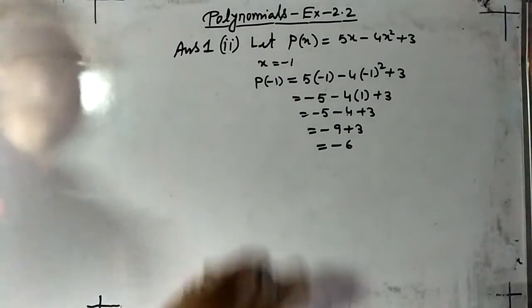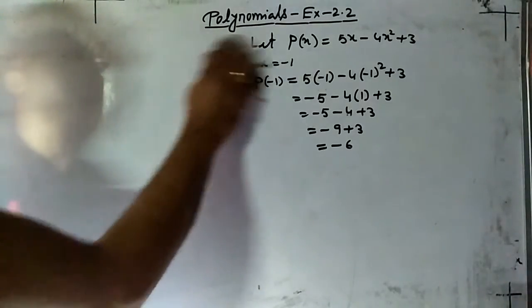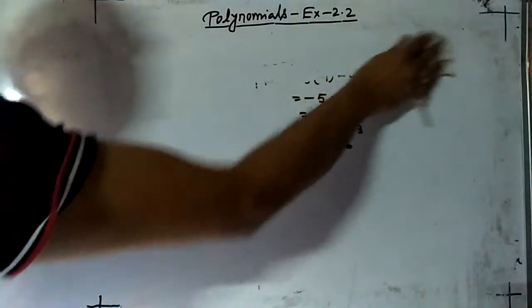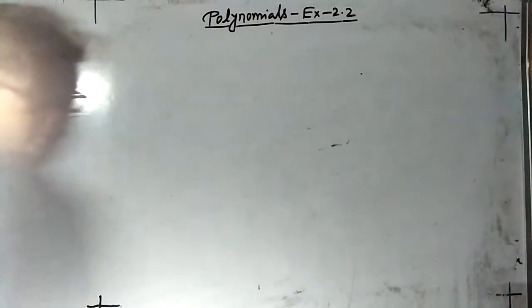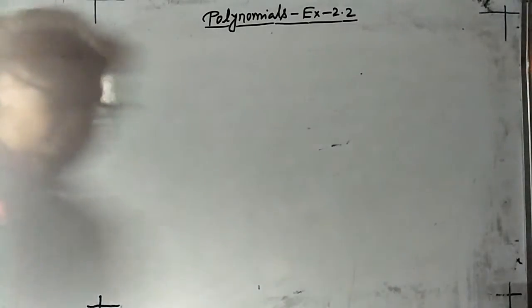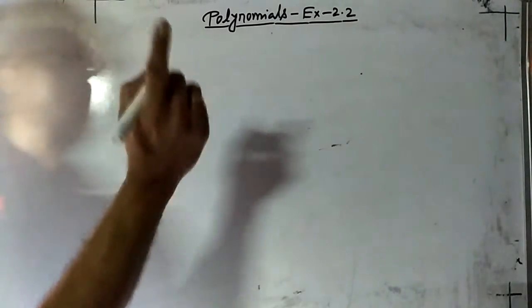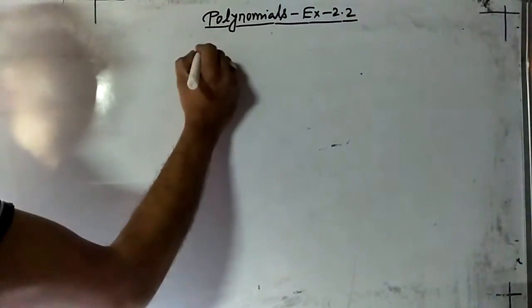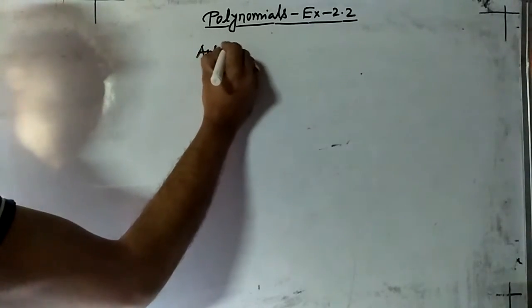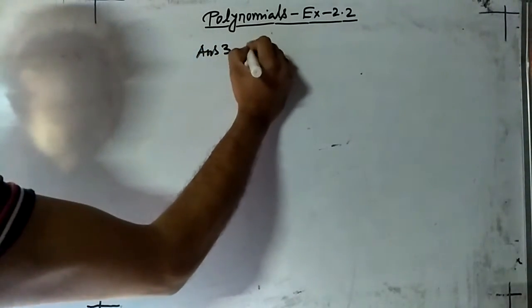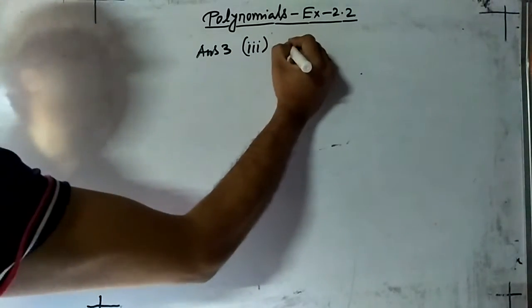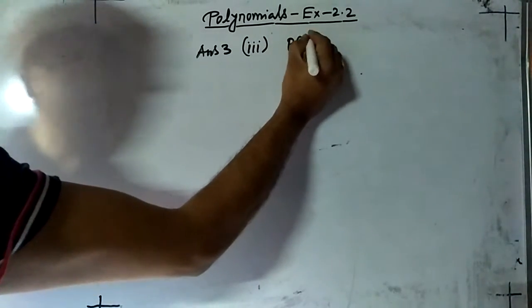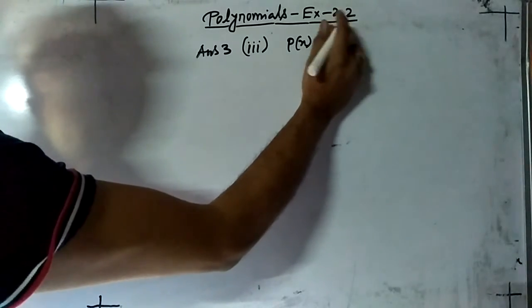Now question number 3. Read that question carefully. Here we have to check whether the given numbers are zeros of the given polynomial or not. Answer 3, third part I am doing. In the third part, p(x) is given as x square minus 1.